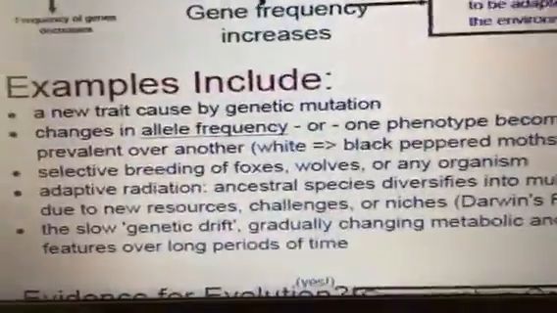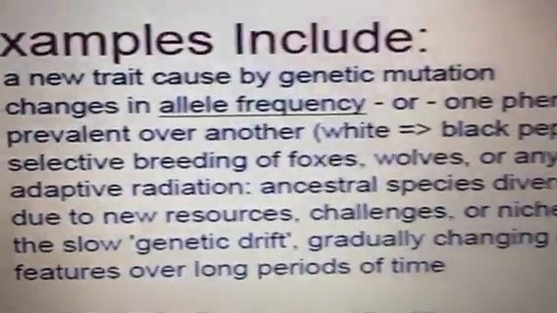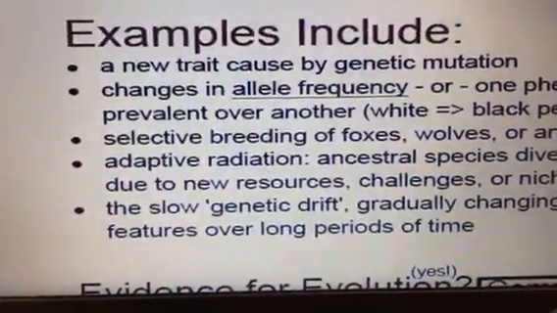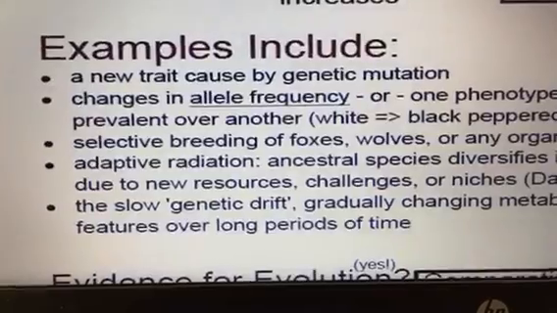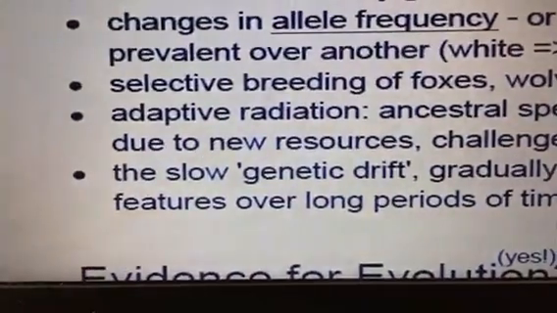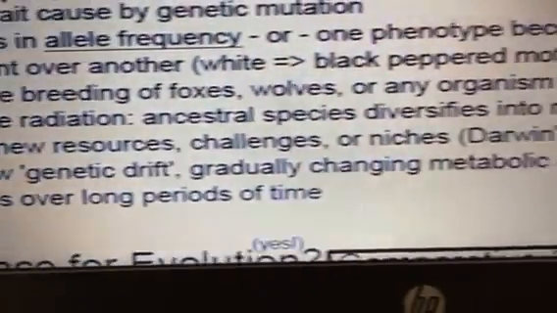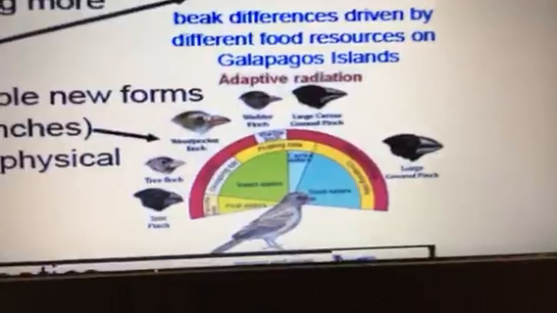So some examples of when things are evolving: a new trait caused by genetic mutation, changes in allele frequency, or basically when one phenotype becomes more prevalent than another. We'll talk about the peppered moths with that a little bit later. Selective breeding, adaptive radiation, which is where an ancestral species diversifies into multiple new forms. This is the case with Darwin's finches.